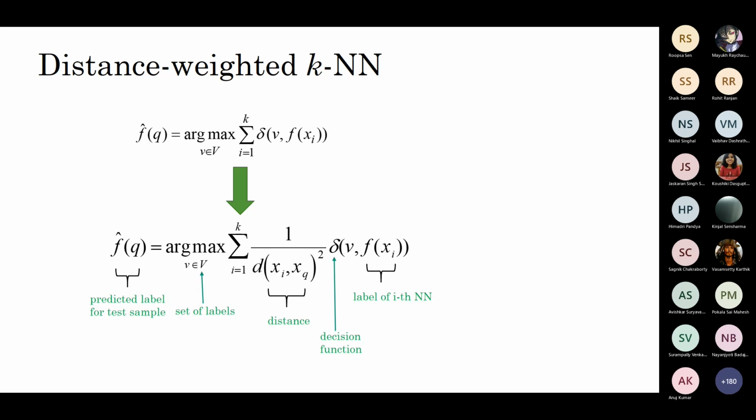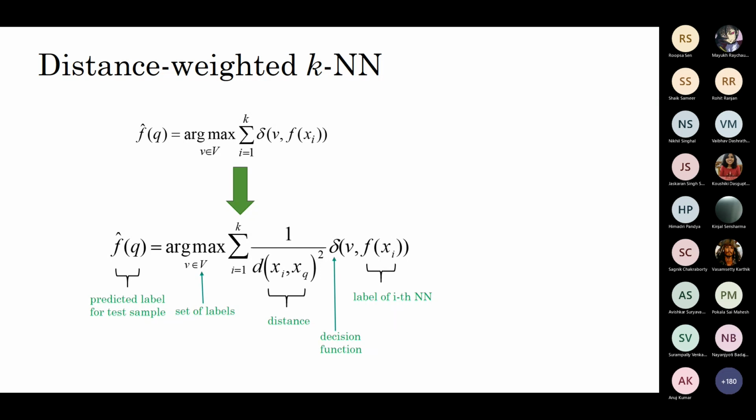Sir, what is the format of v? Is it a vector? Are v and f of xi vectors? V means the small v or capital V? The small v, sir. No, this is basically the categories. So if you have a sample with 2 classes, like 0 and 1, then what is v here?